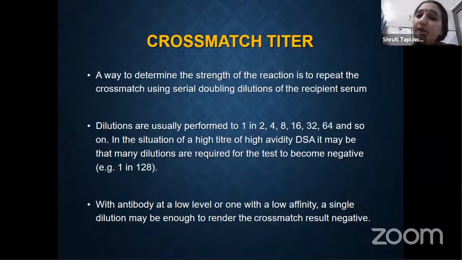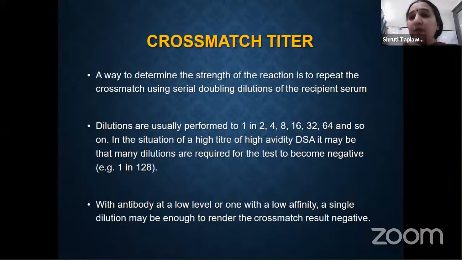Second, the last part of the cross match is titering. Now, this is a concept which is very less used in our country, but it is very important. There are two ways to look at it. If there is a neat serum and you are just incubating it with the cells, sometimes there is so much antibody that the binding of the HLA antigens does not happen.